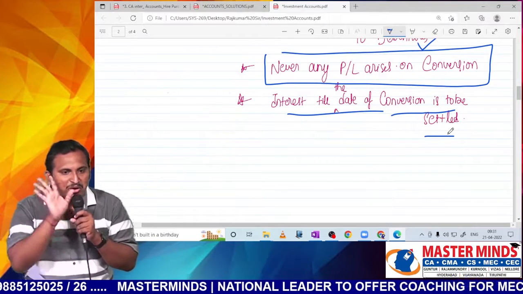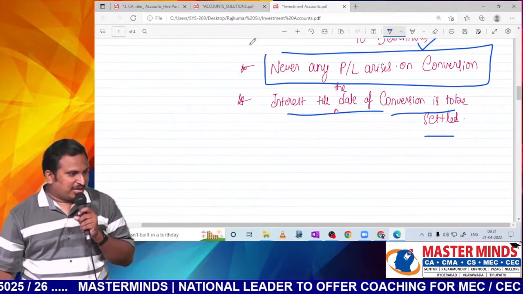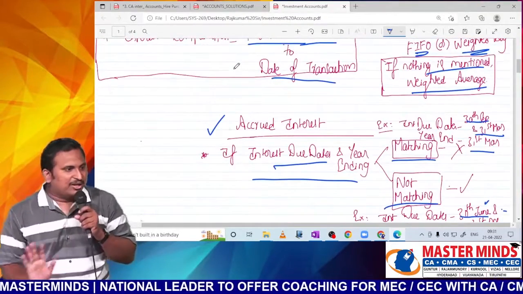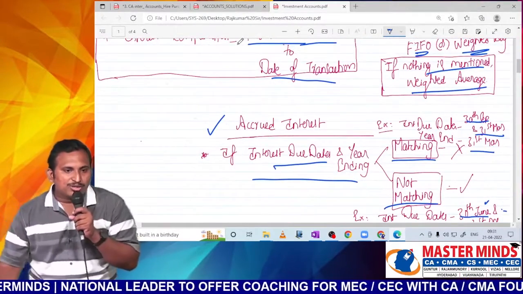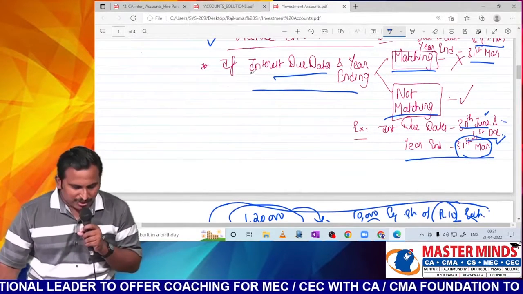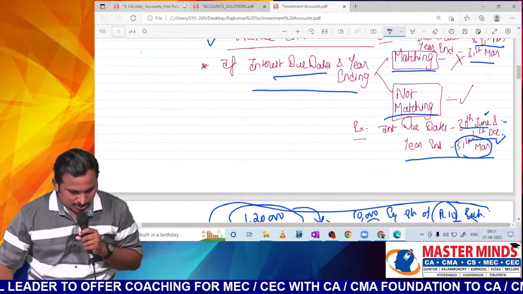Not even one point will be extra with respect to debentures. All these points we apply in questions I have written here. Have you understood, sir? Now let me quickly apply into a question, the two convertible debentures question only.